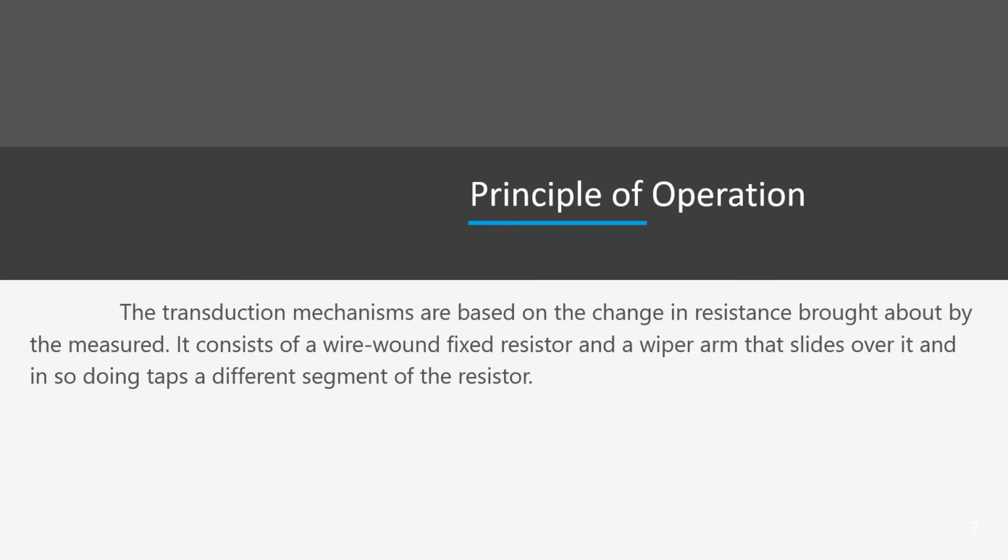The displacement to be measured is linked by a shaft to the wiper arm, and a measure of the displacement is the fractional resistance or the fractional voltage. This is, again, the transduction mechanism.